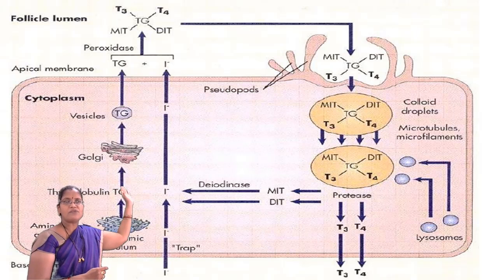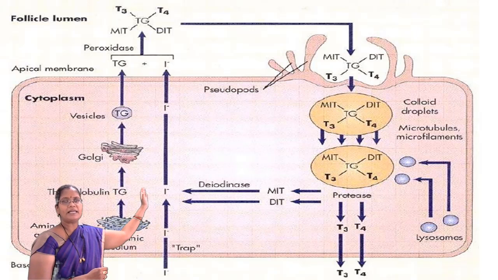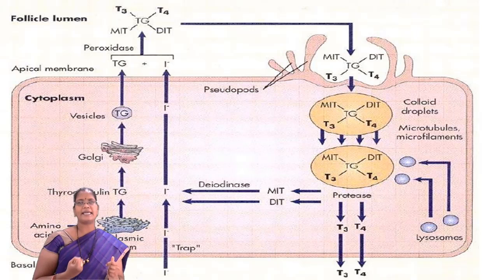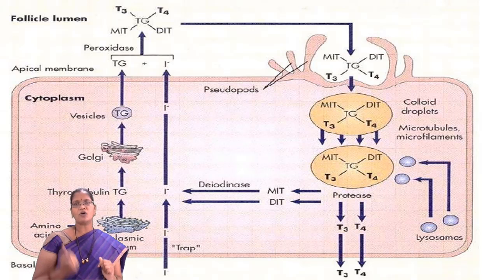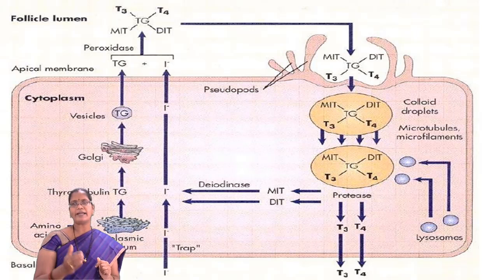When a stimulus arises, the thyroglobulin thus formed will immediately be engulfed by the vascular parts of the basal membrane and taken into the colloid of the follicle cells. In the colloid, when a stimulus is reached, the lysosomes will fuse with the colloid droplets.